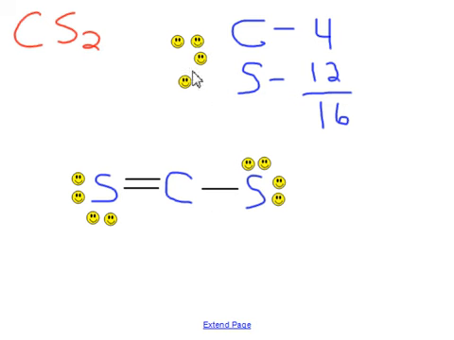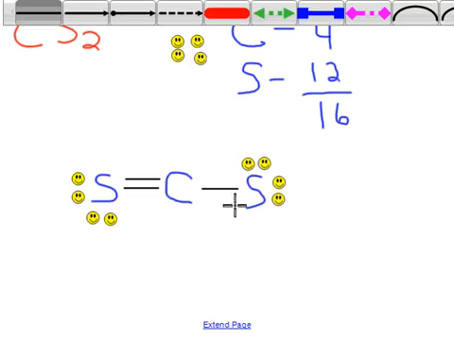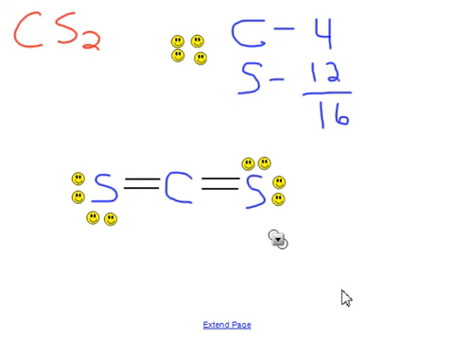So once again, I'm going to pull those 2, replace those 2 with a bond, and I will simply draw my bond right there between the 2 of them. And so now I have satisfied the carbon with double bonds on both sides, and I've satisfied the sulfurs on each side by nailing those down as well.